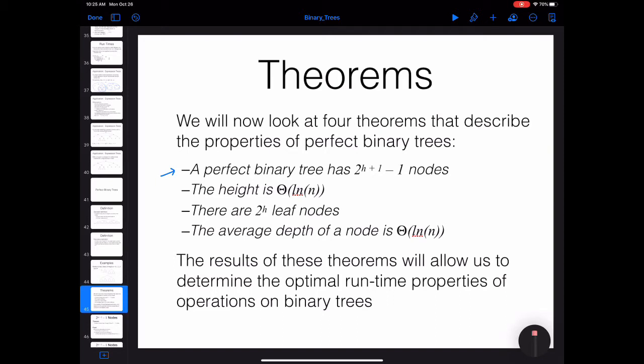And if I wanted to be more precise, if I can prove this formula, I can find a complete formula for the height of a perfect binary tree with n nodes, which is going to be log of n plus 1, minus 1.